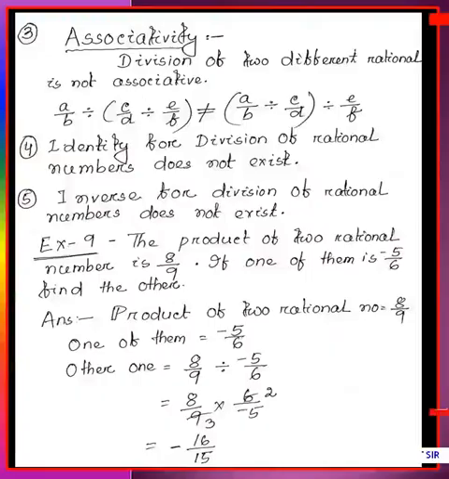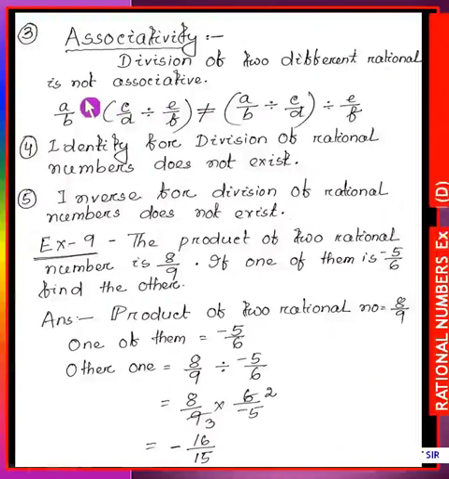Next property, whether it is satisfying or not: associativity. Division of rational numbers is not associative.